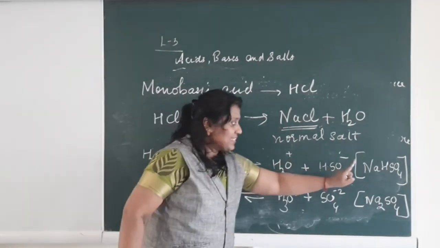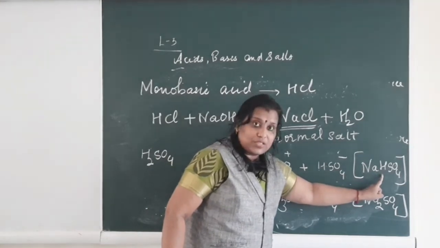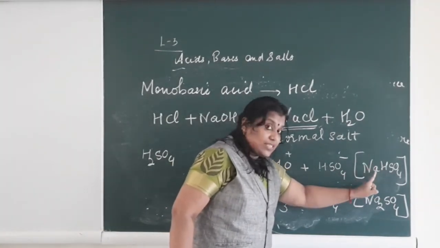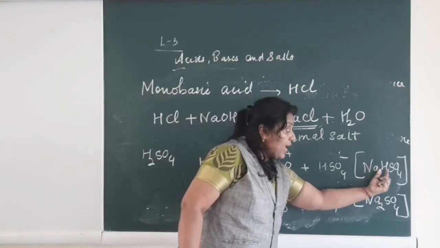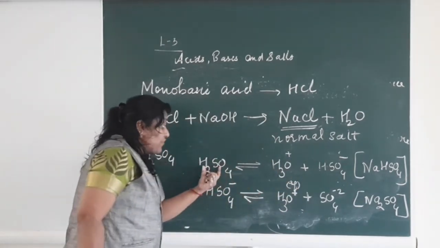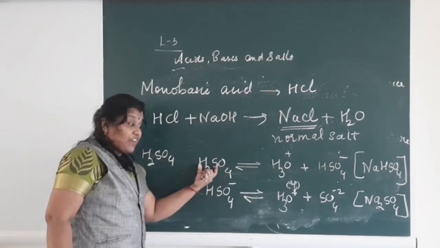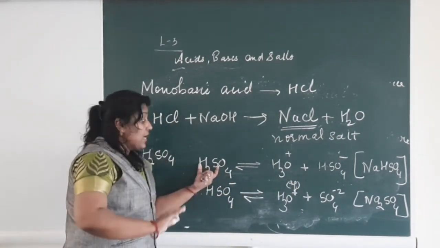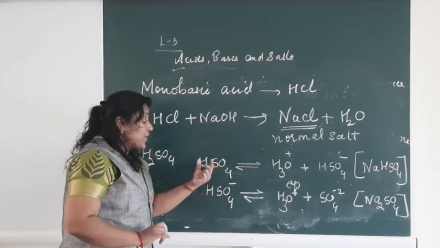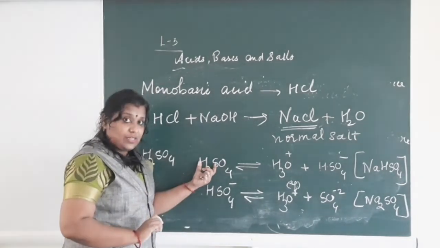One is an acidic salt. What is an acidic salt? The salt which has hydrogen element in it. When we take sulfuric acid and we are not showing complete ionization. If there were complete ionization, all the hydrogen would come out, right? So we are not showing complete ionization.